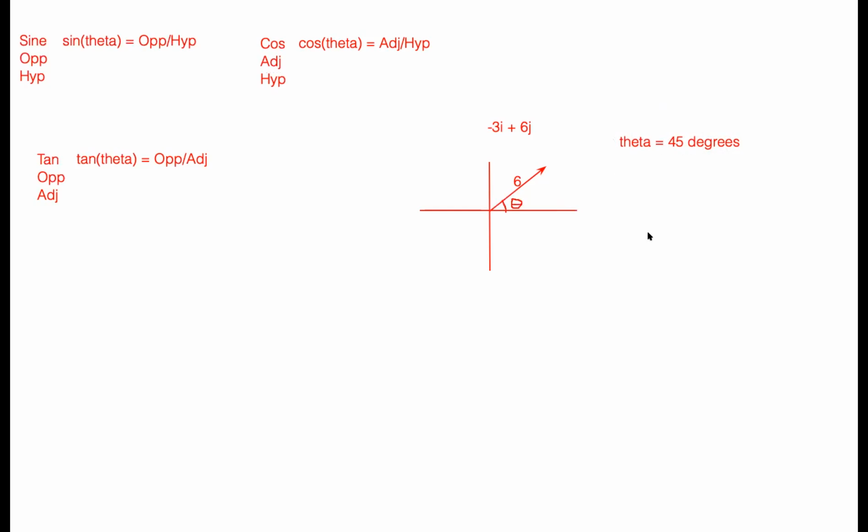Otherwise, all of it gets messed up. So we're breaking down the vector of magnitude 6 and the angle 45 into the component notation, right? Correct. That's the whole goal of it. And what is the negative 3i plus 6j for? That's the desired form we want. Oh, that's just in general. That's the format. Okay, I see.